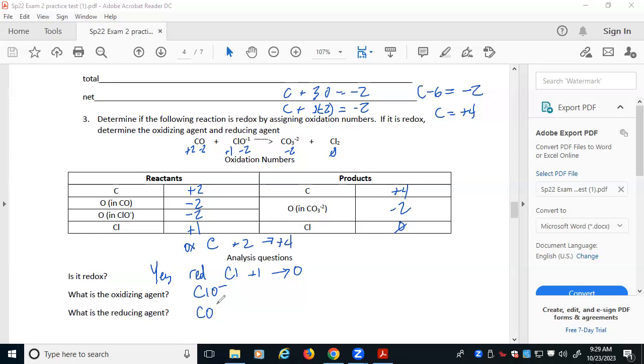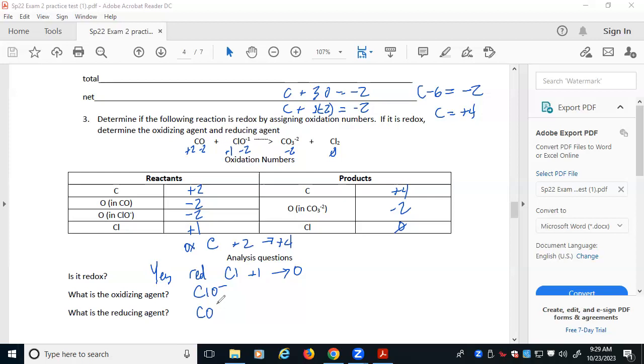And so the thing to remember with redox reactions, first of all, we have to recognize that there's a change. Second thing that we have to recognize is that the reactants are going to be the things that are doing the oxidizing and doing the reducing. The elements get oxidized and reduced, but the reactants do the action.